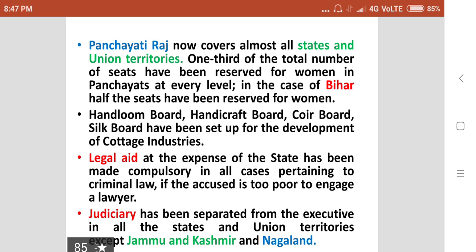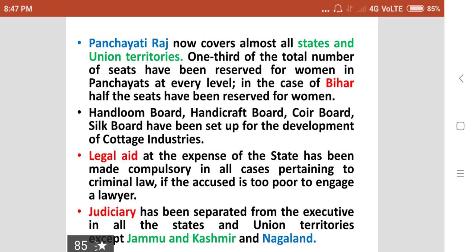Legal aid at the expense of the state has been made compulsory in all cases pertaining to criminal law if the accused is too poor to engage a lawyer. The judiciary has been separated from the executive in all the states and union territories except Jammu and Kashmir and Nagaland.